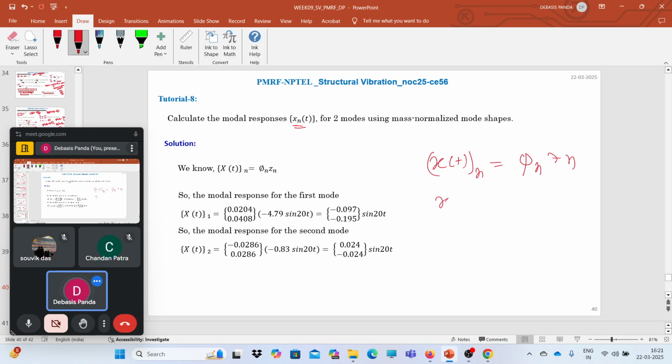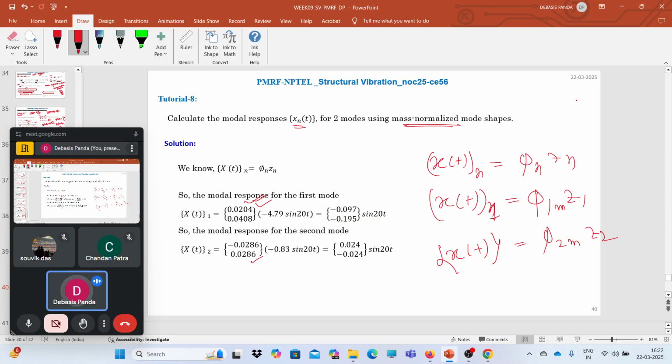So for the first mode, x1(t) is phi 1 z1, where phi 1 is the mass normalized mode shape, and for the second, phi 2m z2. They have specifically defined that you need to follow the mass normalized mode shapes, which we have already calculated, and Z1 and Z2 we calculated on the previous slide.